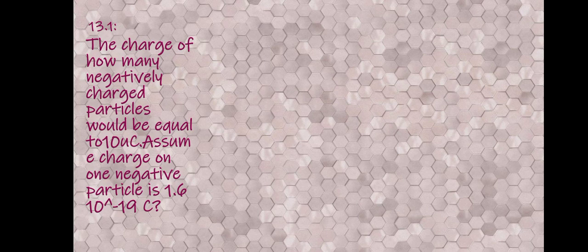So the requirement is that you have to find out the number of negatively charged particles whose combined charge will be equal to 100 microcoulombs if one particle carries the charge of 1.6 into 10 raised to power minus 19 coulombs. It's quite easy.